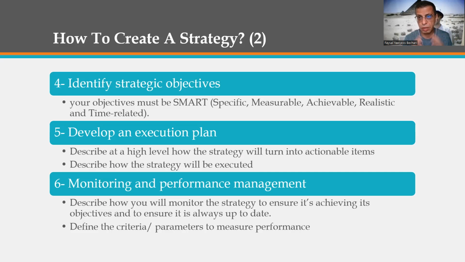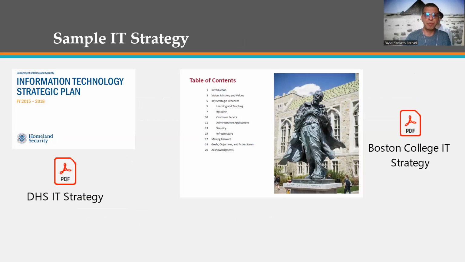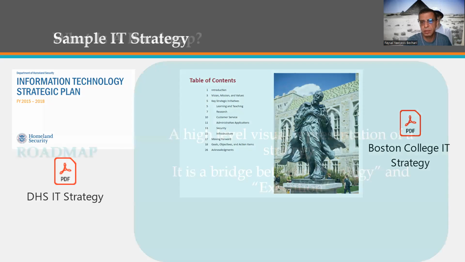This is for defining the KPIs, in other words. This is a sample of IT strategy. So you will see that the Homeland Security, they were our client, and information technology strategic plan. And then you have what you call Boston College IT strategy. And these are different IT strategies built.